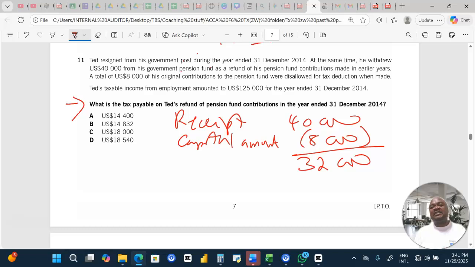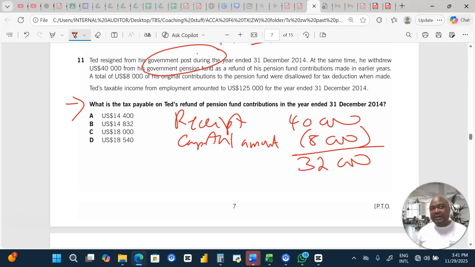So how much tax? Because they want the actual figure there. So for us to know whether we are going to use 25%, 20%, what, we go to the PAYE tables. Those are the tables for employment income. Remember, he resigned from a government post. He was an employee.